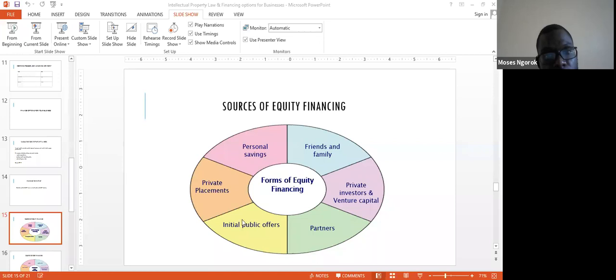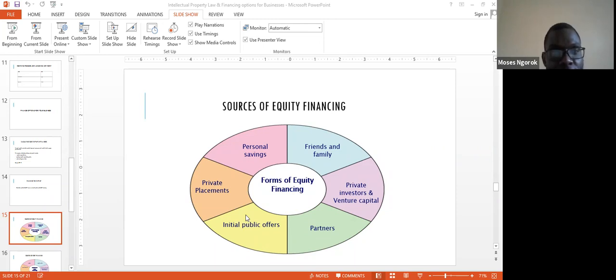Then Godfrey is asking, how is a private investor different from a private placement? The difference, Godfrey, is that a private investor can either come in as a partner or come through a private placement. Private placements allow private investors to join your company.